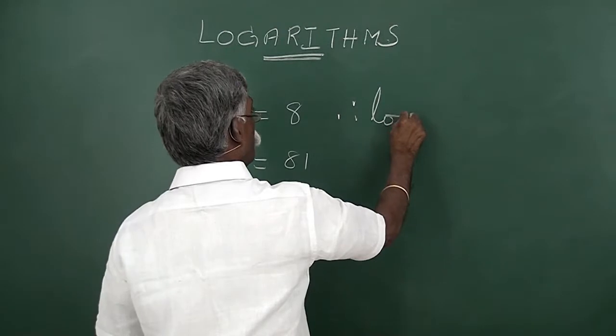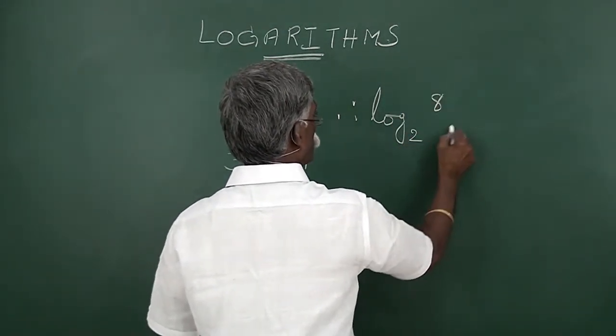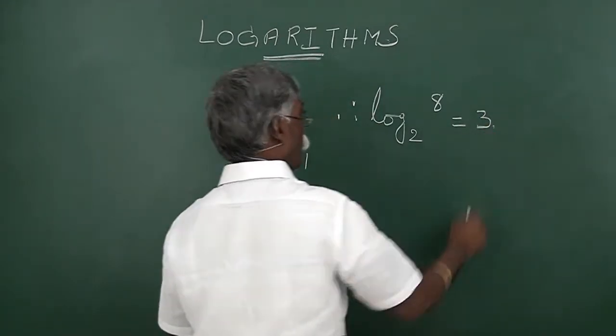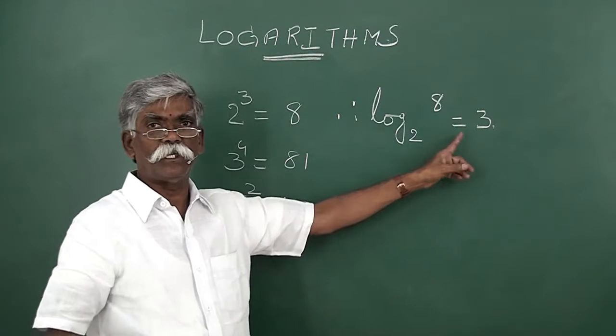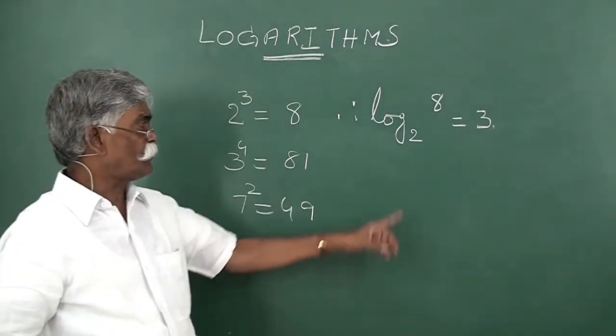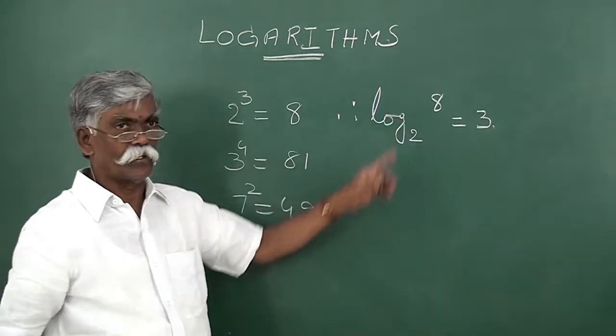logarithm of 8 to the base 2 is 3. We have to read it as logarithm of 8 to the base 2 is 3. That means if we raise 2 to the power 3, we get 8.